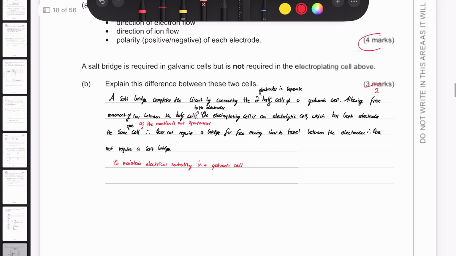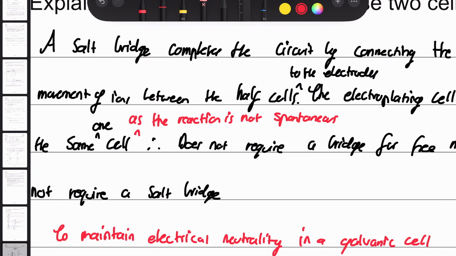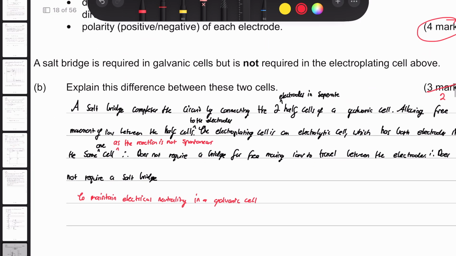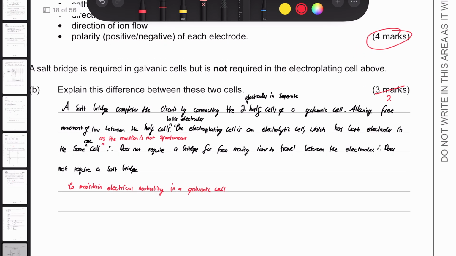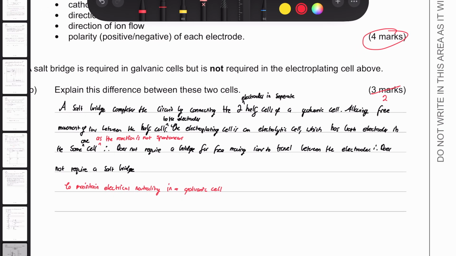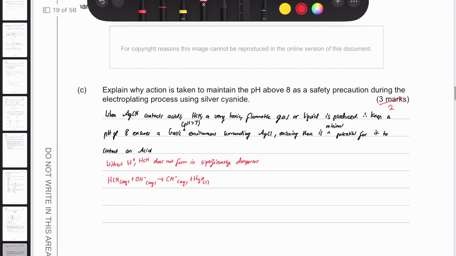And here, this wasn't specifically, it was kind of conjoined with what I said about the electrolytic cell not having separate half cells, it's just one. It said because the reaction is not spontaneous. But I had like most of the mark, so I gave myself 2 marks there, so 6 marks.